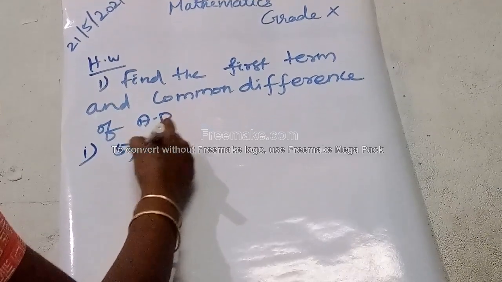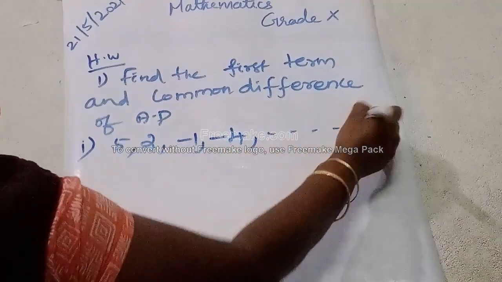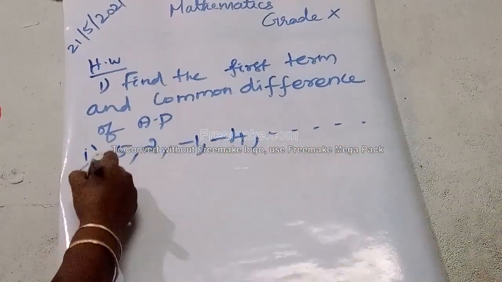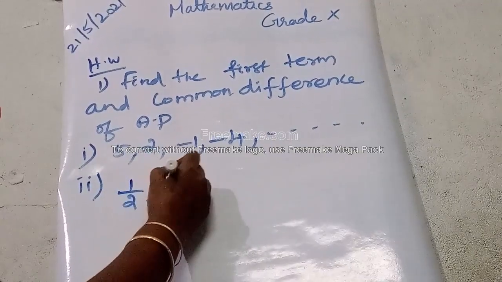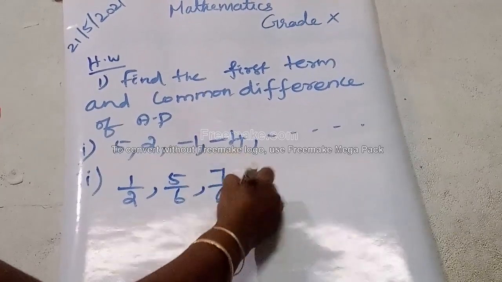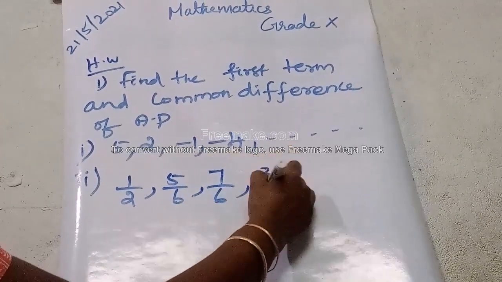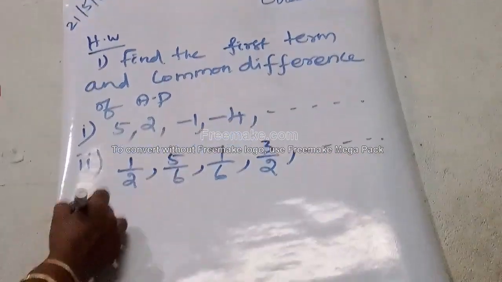First one: 5 comma 2 comma minus 1 comma minus 4 comma etc. Second subdivision: 1 by 2 comma 5 by 6 comma 7 by 6 comma 3 by 2 comma etc.